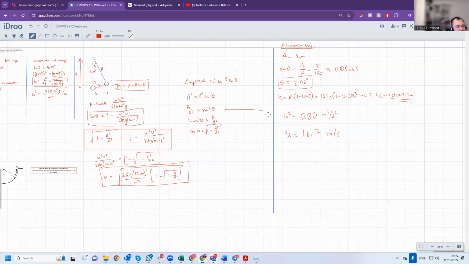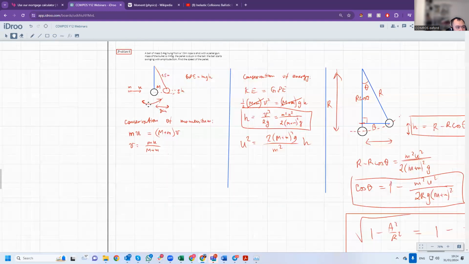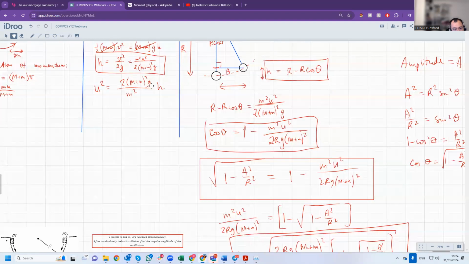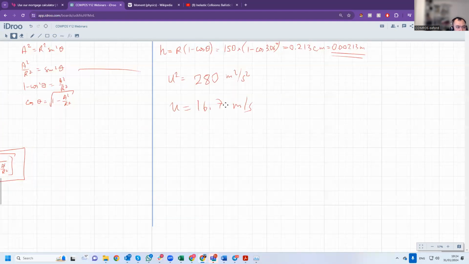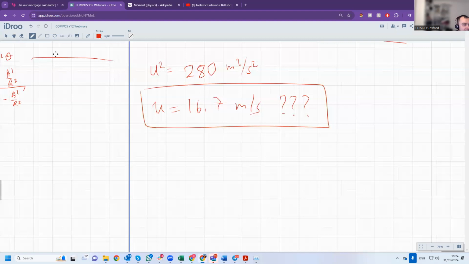It doesn't strike me as reasonable. It's a very small speed for a bullet. 5 grams at 16 meters per second. That's what was in my initial calculation. So I might have made a mistake here.